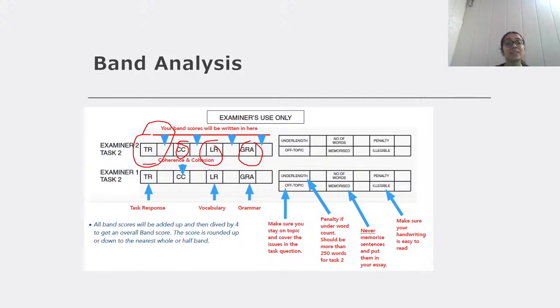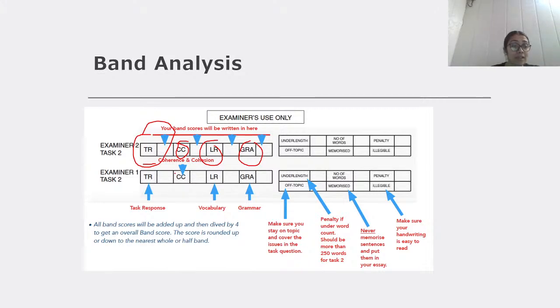CC stands for coherence and cohesion, TR for task response, LR for vocabulary, and GRA for grammatical accuracy. This is how your marks are calculated, and how your bands are given to you.